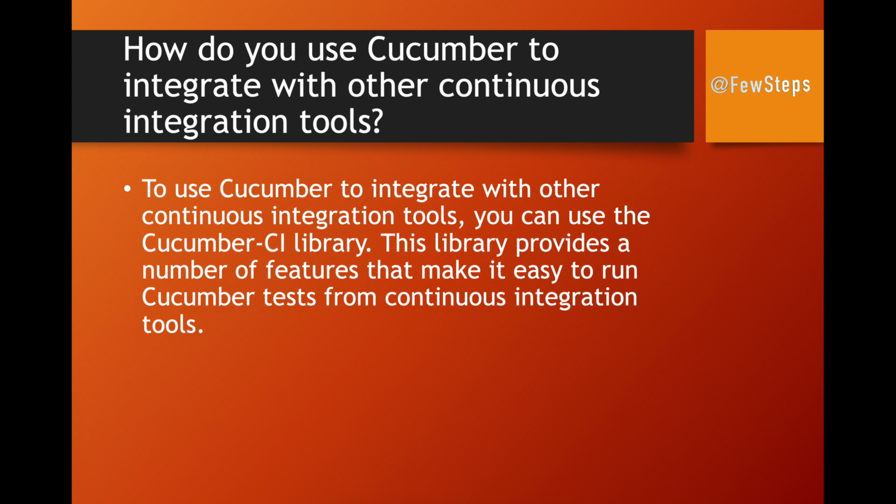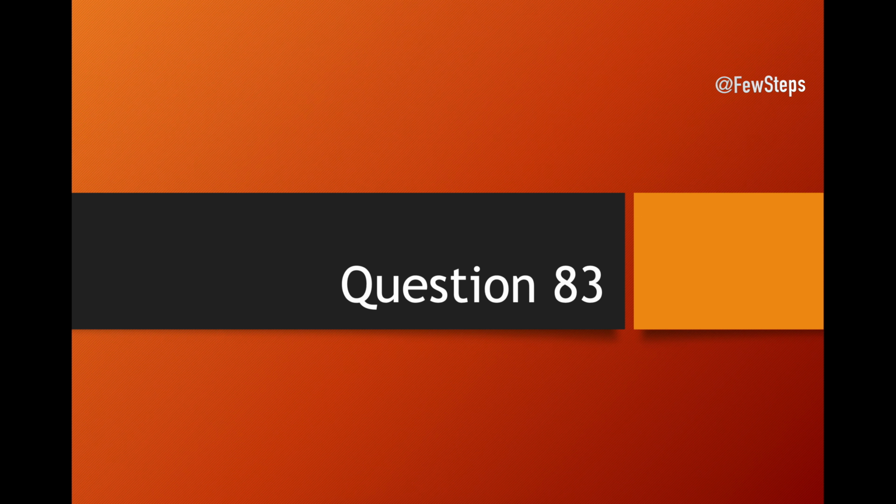Question 82. How do you use Cucumber to integrate with other continuous integration tools? To use Cucumber to integrate with other continuous integration tools, you can use the Cucumber CI library. This library provides a number of features that make it easy to run Cucumber tests from continuous integration tools.